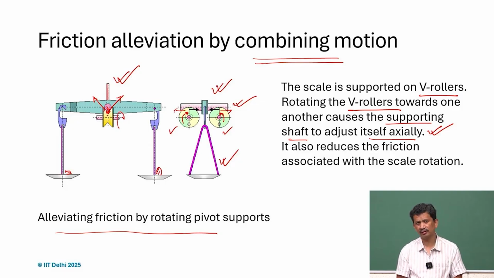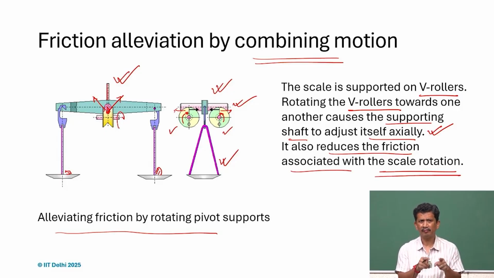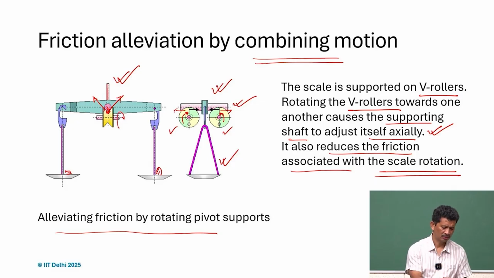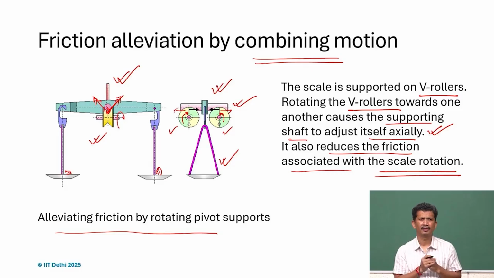So a very clever design, and it has been used. It reduces the friction associated with the scale rotation. Just by implementing the rotating V rollers and by combining that motion, we change the direction of the friction force, and the effective friction in this direction, which limits the accuracy of the scale, is minimized, and it increases the accuracy of these scales.